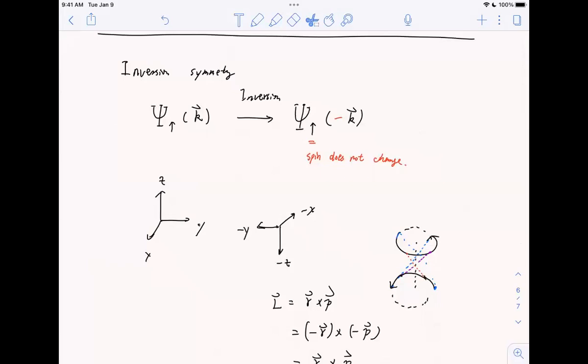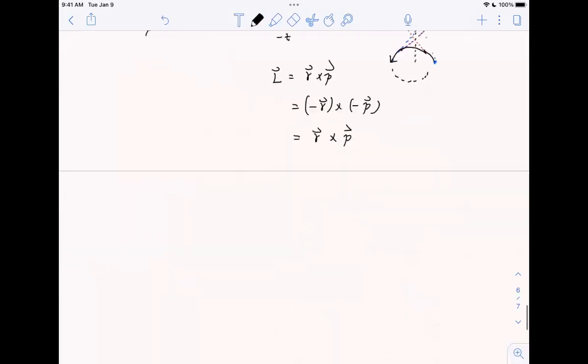Now, when your Hamiltonian has the inversion symmetry, these two will have the same energy. This is just the inversion operator.